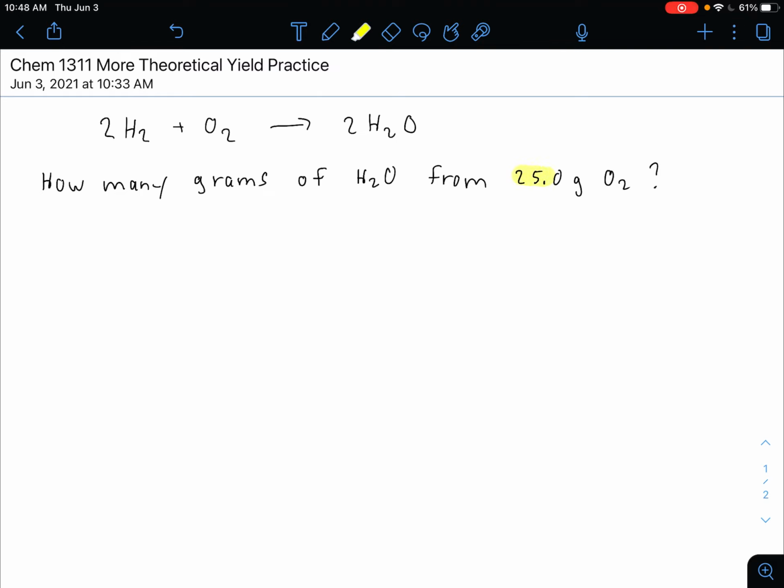So here's my starting amount that I've got to work with, and I'm being asked to figure out the grams of water.